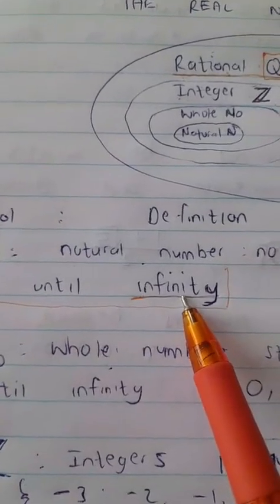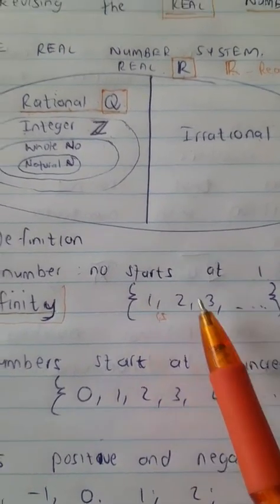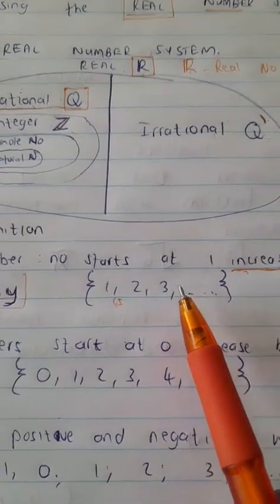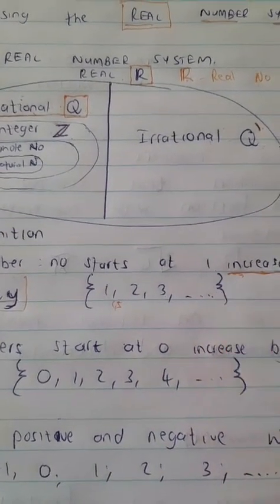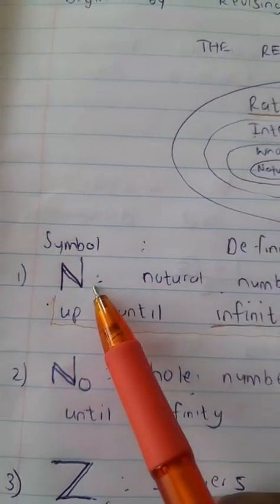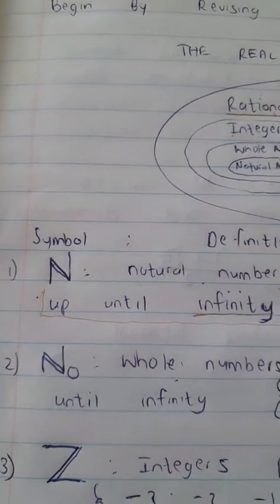They increase by 1 up until infinity. In other words, there is no end. Okay? So 1 is the first natural number, followed by 2, followed by 3, and then you know the rest, followed by 4, 5, 6, and so it goes. That is our family of natural numbers. Okay? I hope that is clear for everyone.